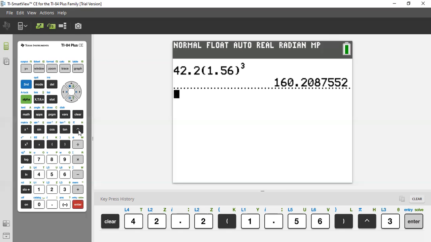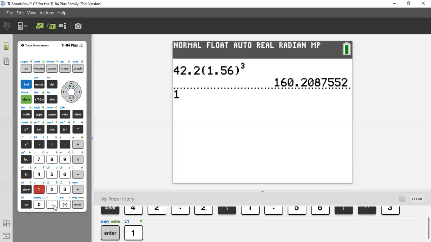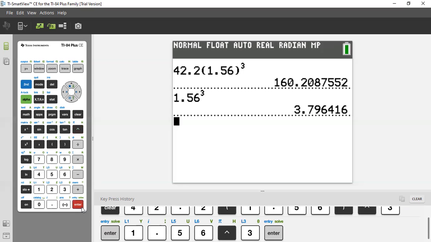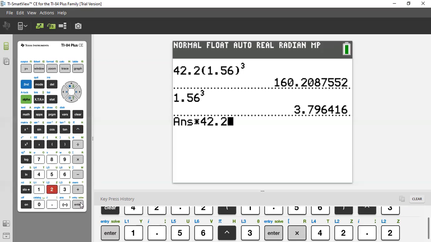Now, if you're working with a regular calculator that wasn't able to use parentheses, what you would start with first is your 1.56. There is going to be a button similar to this caret button. It may say y to the x, or it may just be the caret button. And so you're going to put 3 in there, and then you would multiply that with the 42.2 that was up on the front end.